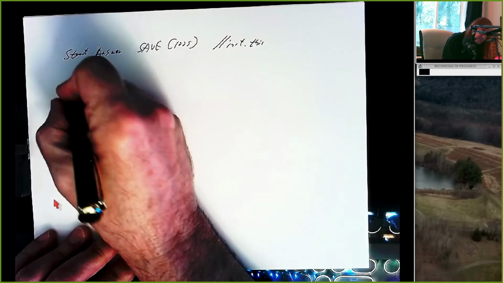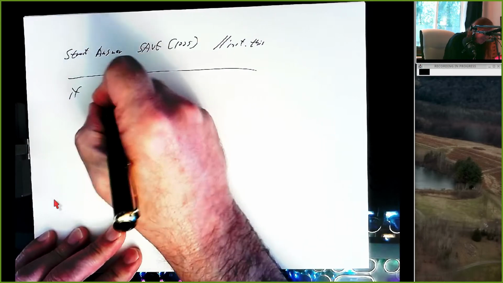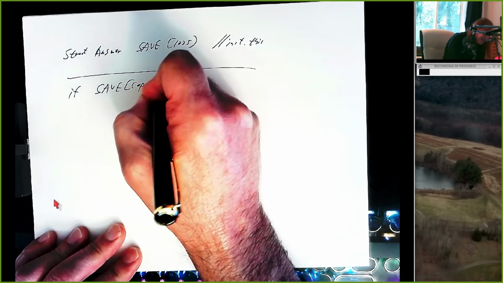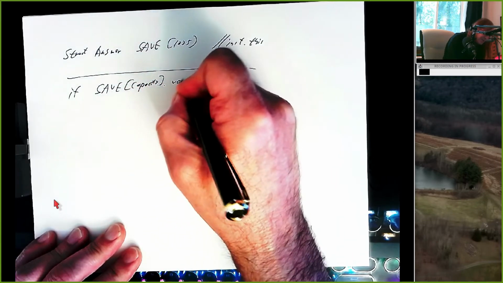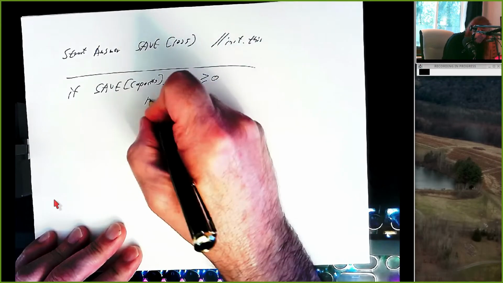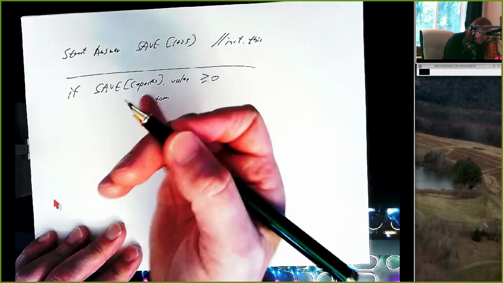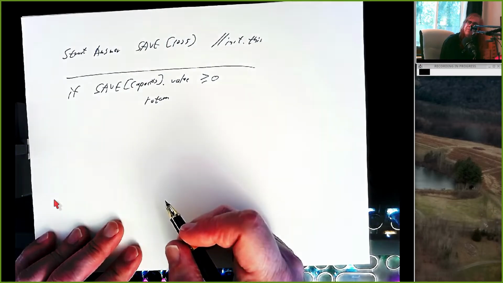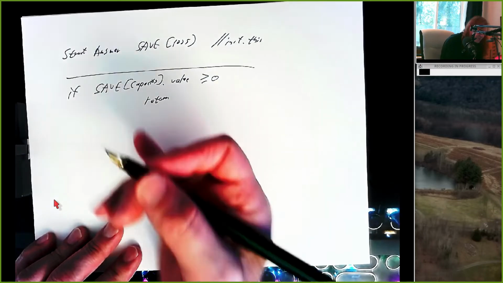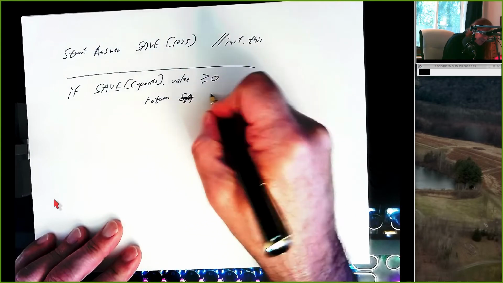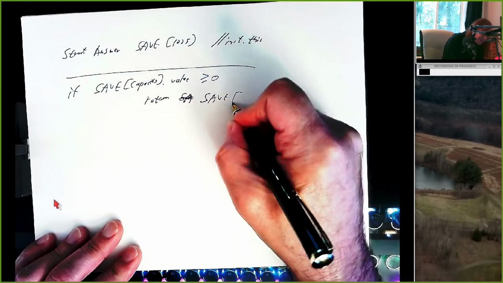So what does that look like? If save bracket capacity dot value is bigger than or equal to 0, then we've already calculated the solution for capacity. We've saved the struct answer in this array at index capacity. So just return save bracket capacity.